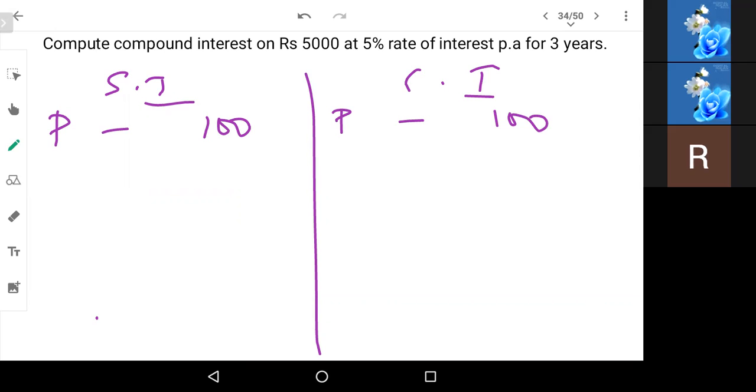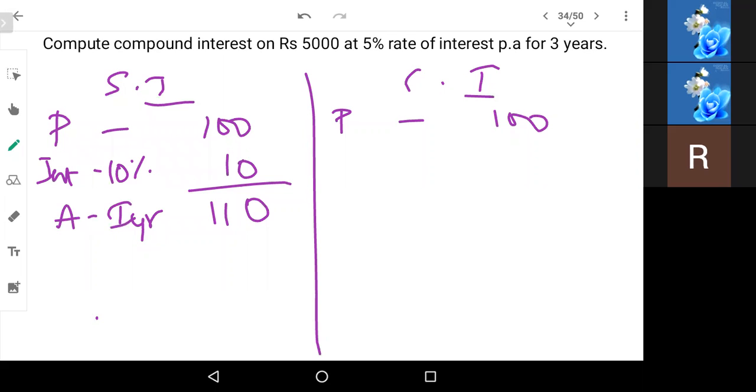Now in simple interest, we will calculate the interest, let's say 10%. 10% of 100 is 10 rupees. So 110 is the amount after the first year. In compound interest also, interest is 10%. First year it will be the same.